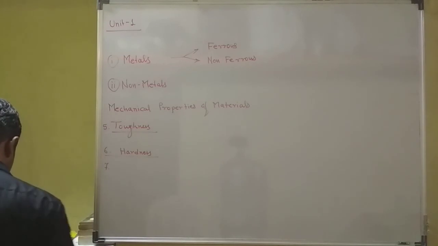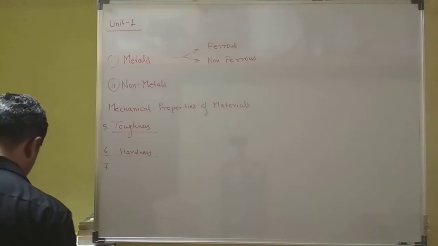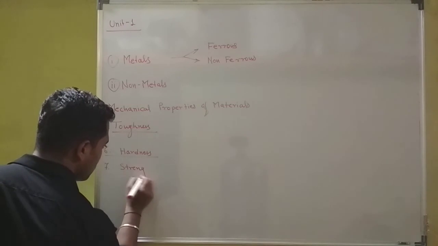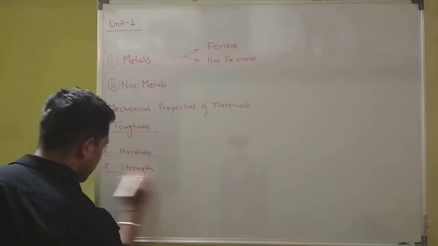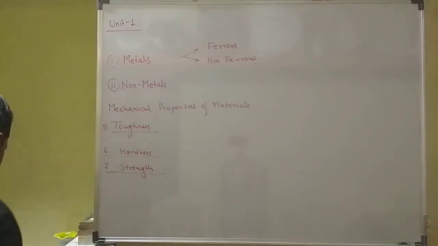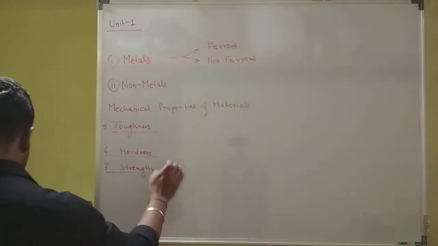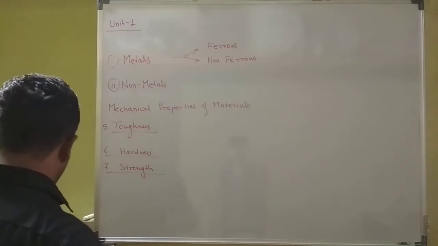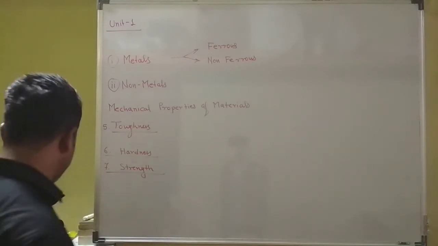Then the seventh property, that is strength. It is the ability of material to resist external applied force without breaking or yielding.